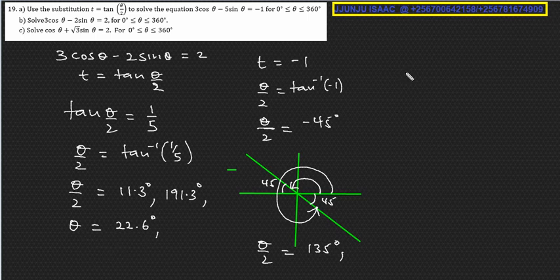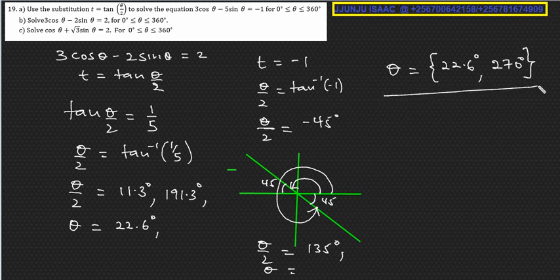So what are we having here? The answer, we have theta as 22.6 degrees. Then 135 multiplied by 2 gives 270 degrees as the solution for this equation.